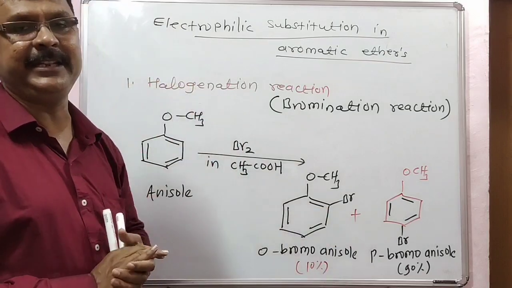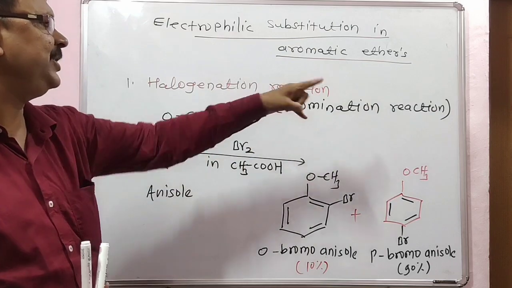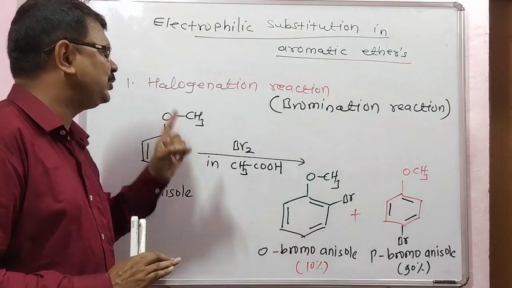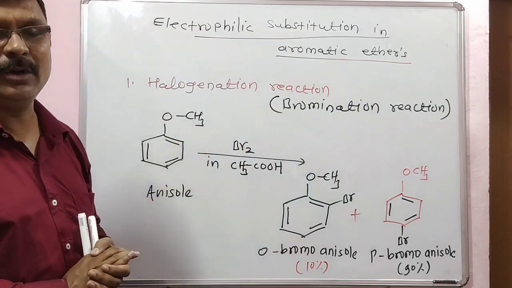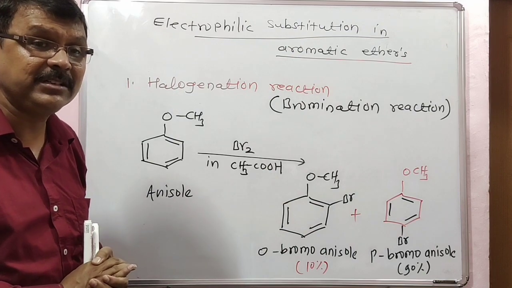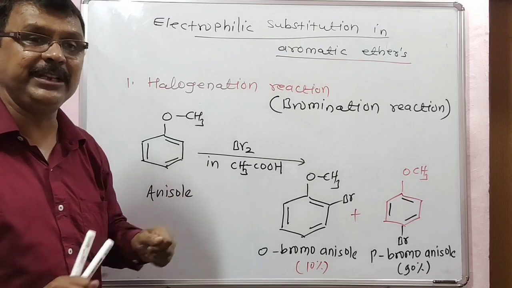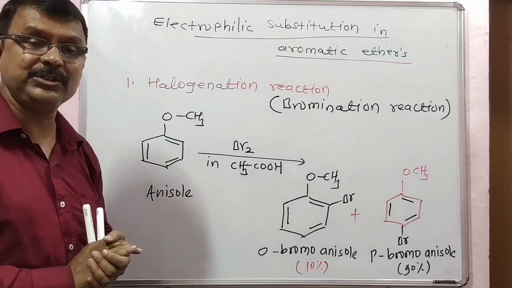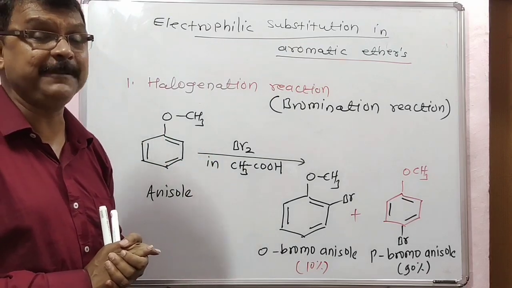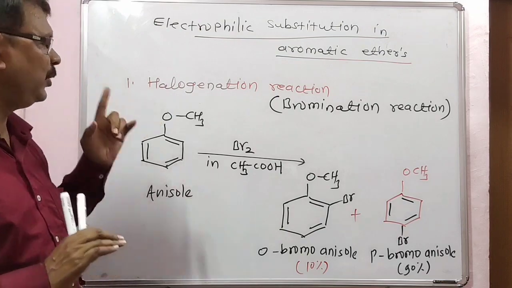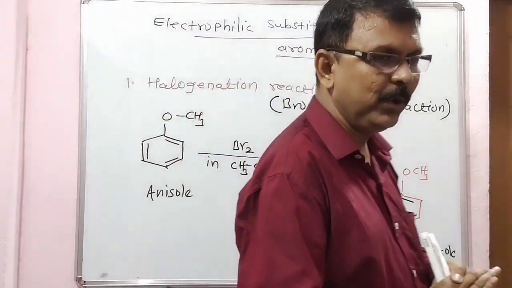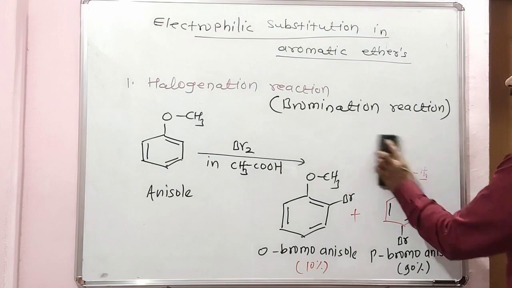Why is this called a halogenation reaction? A halogen atom is introduced into the benzene ring of the aromatic ether.